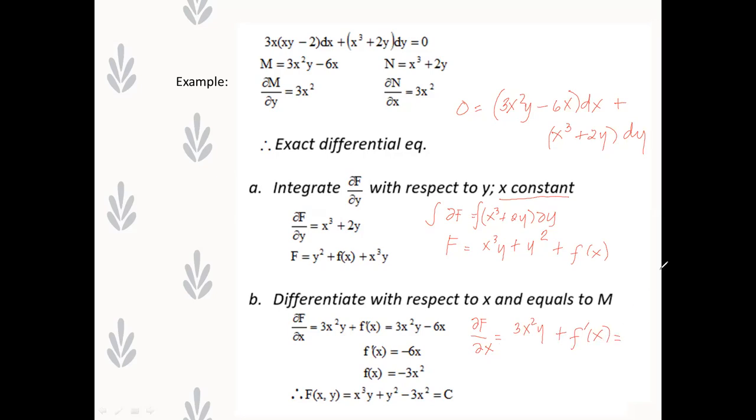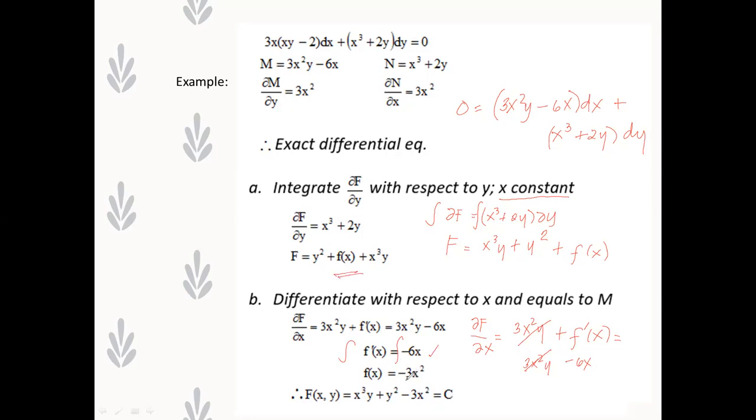Your M is this one. So you will equate it to 3x squared y minus 6x. In the process, you get to cancel this one, and your f prime of x is equal to negative 6x. As you can see here, you need to integrate this to get f of x, which you will substitute in here or in here.